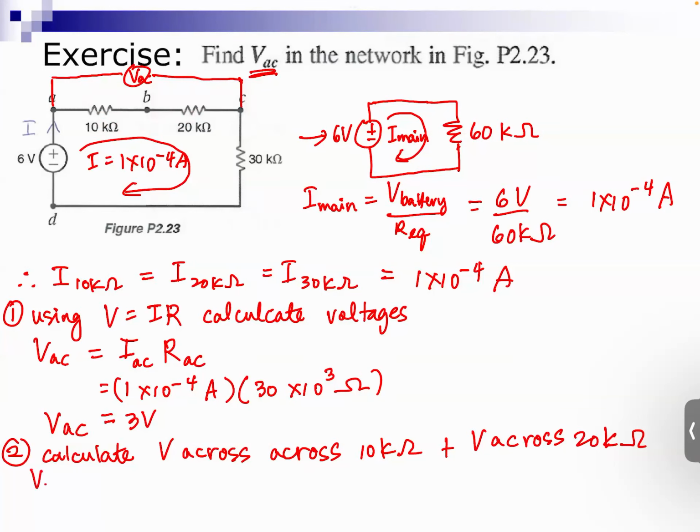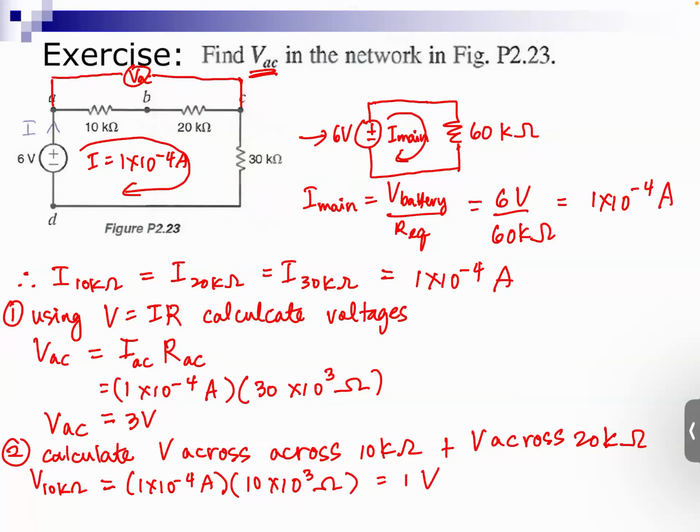The voltage across the 10 kilo ohm resistor will be equal to the current through it, which is the same as the main current, 1 times 10 to the minus 4 amps, times the resistance, 10 times 10 to the 3 ohms. This will give you 1 volt.